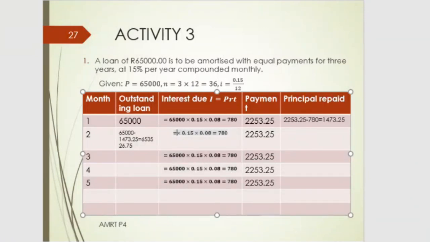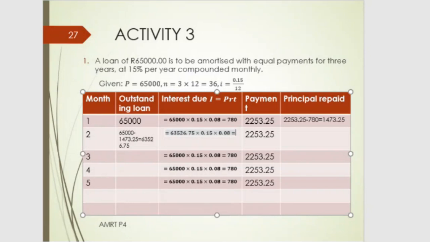Okay, so it's going to be 63,526.75 multiplied by those values.